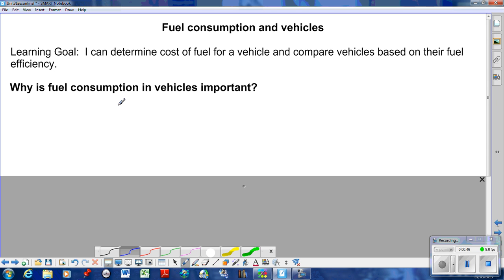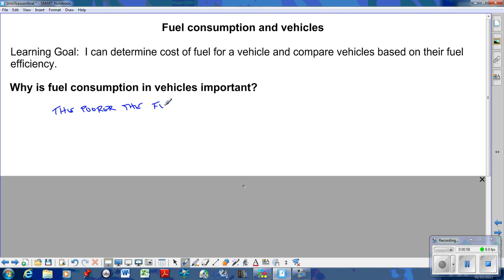Well, let's start with the poorer the fuel consumption, the more fuel you use.